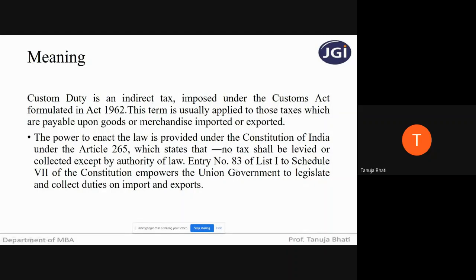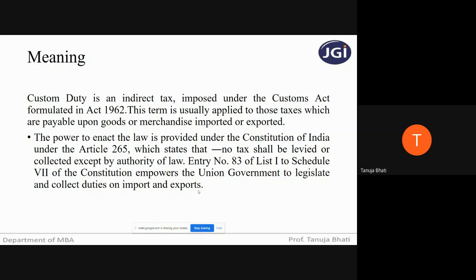Entry number 83 of List 1 of Schedule 7 of the Constitution empowers the Union government to legislate and collect duties on imports and exports. Students, in GST, we have seen that the state government also gets the amount of GST, whereas the central government also gets the amount of GST.